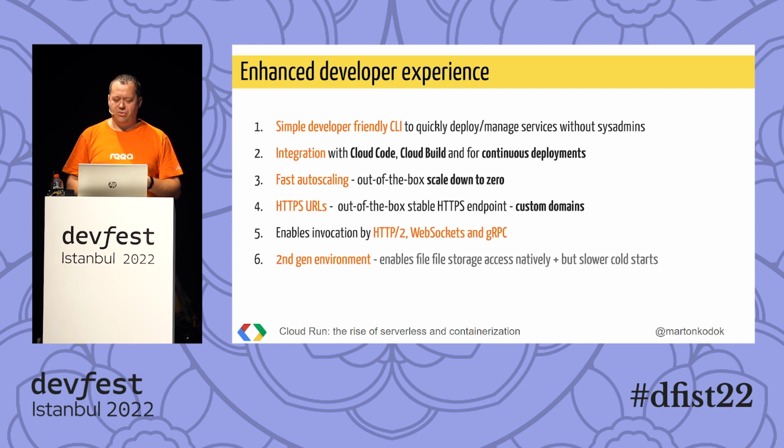It auto scales out of the box and scales down to 0, not just to 1. It offers you HTTPS, SSLs. It enables you to use WebSockets, which is new, and you should try to use it to minimize requests. And the second generation environment, I talked to you about this.